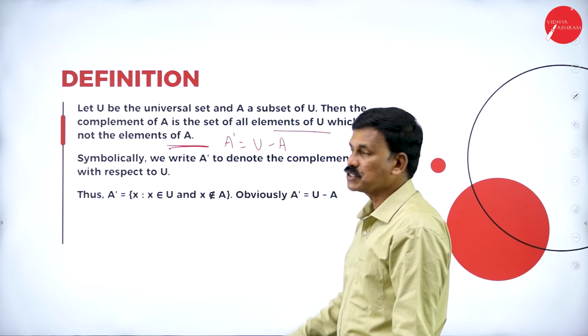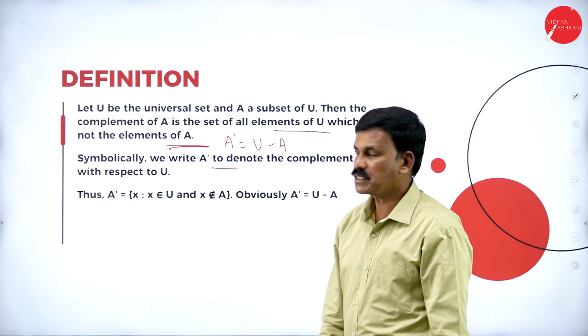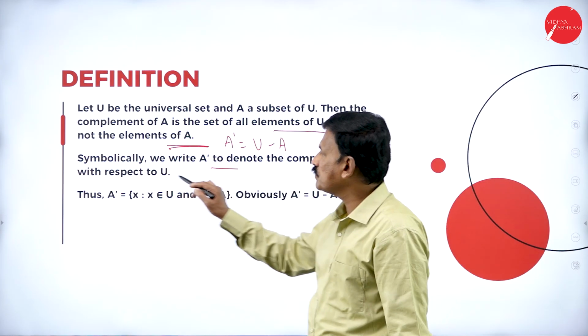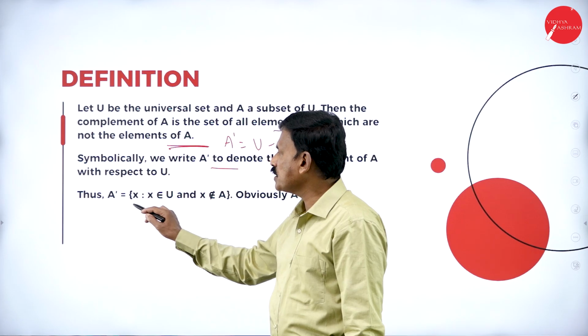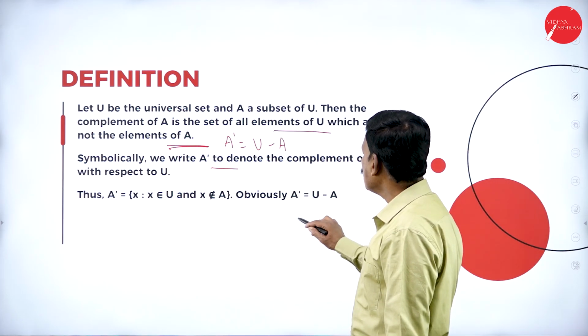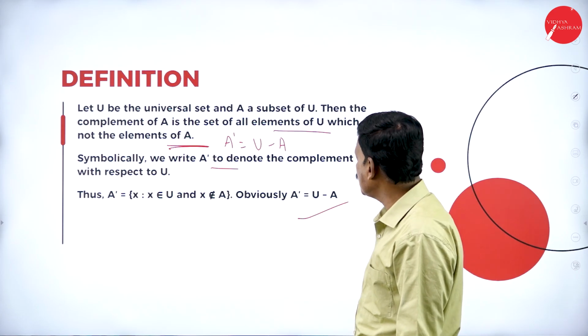Symbolically, we represent it as A dash or A C. That is, A dash is the complement of A with respect to U. Therefore, A dash is equal to x such that x belongs to U and x does not belong to A, that is, A dash is equal to U minus A.